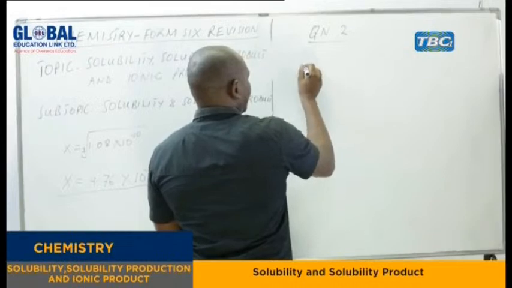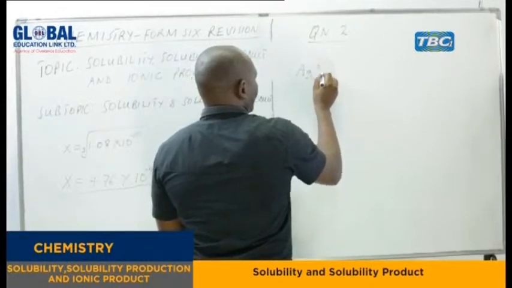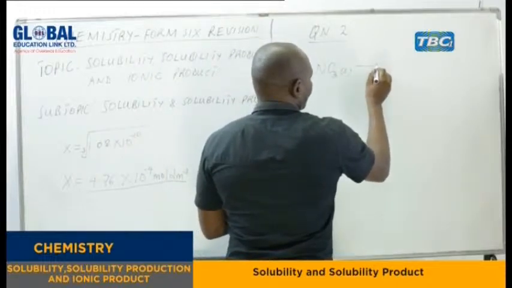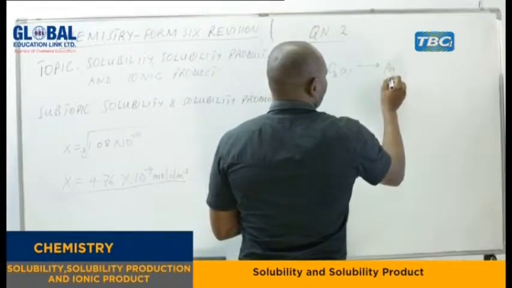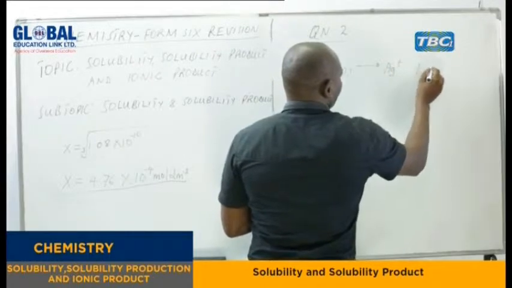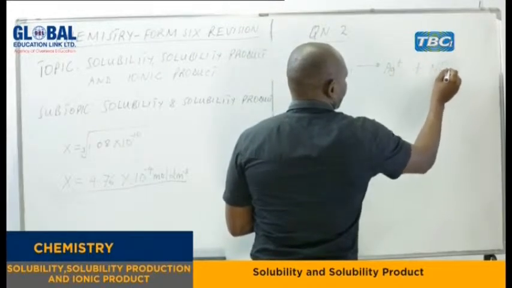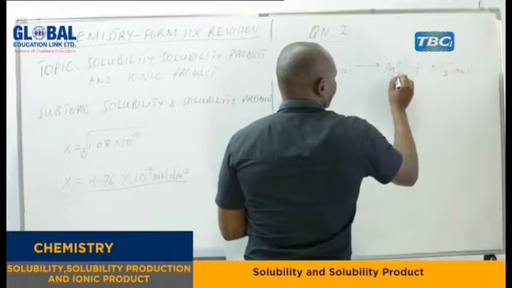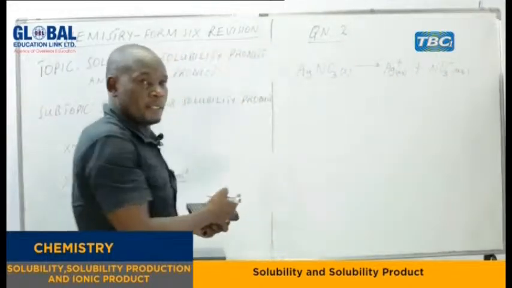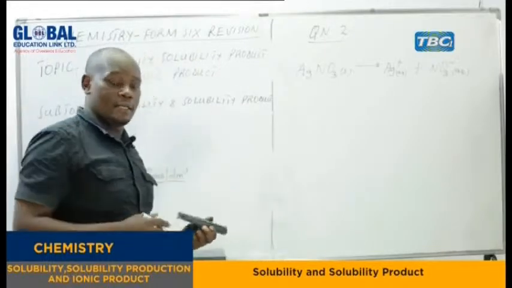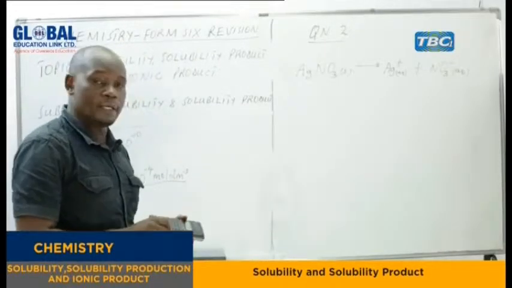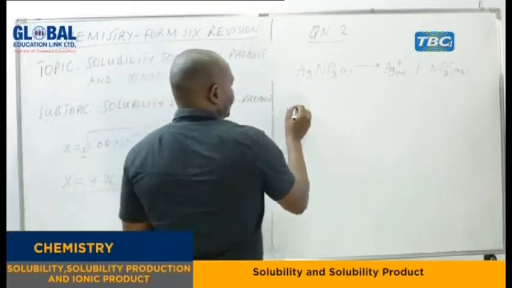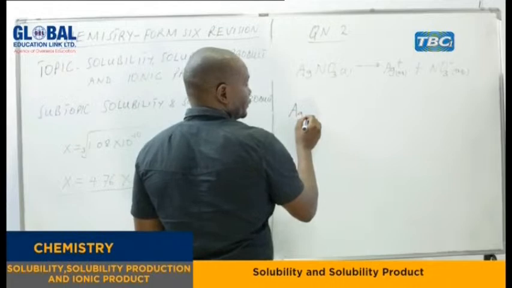Silver nitrate undergoes dissolution to release silver ions, plus nitrate ions. So what silver nitrate will be adding to the solubility of silver chromate, remember silver chromate here is this one.